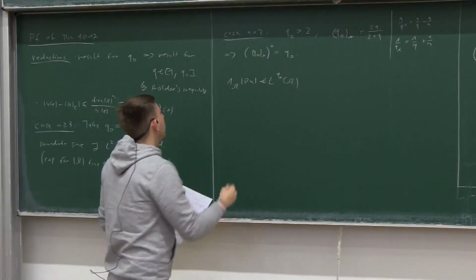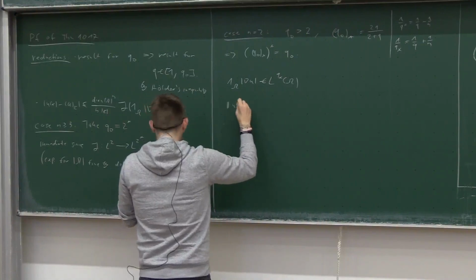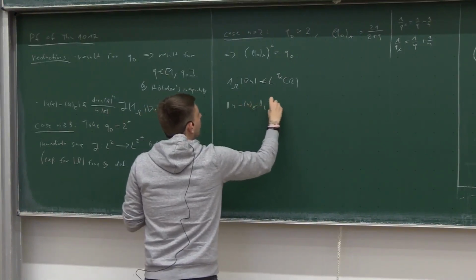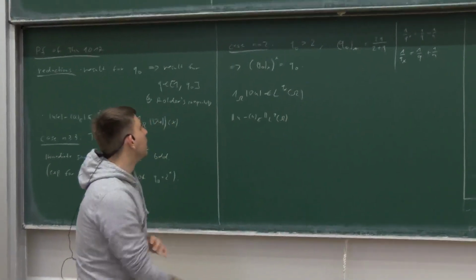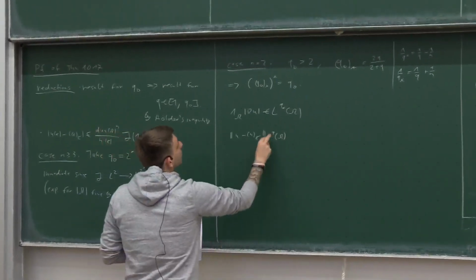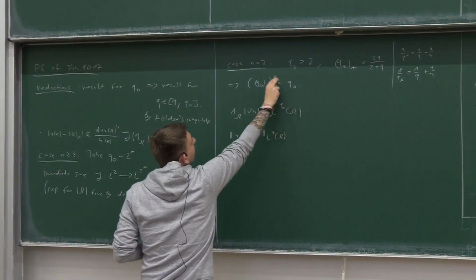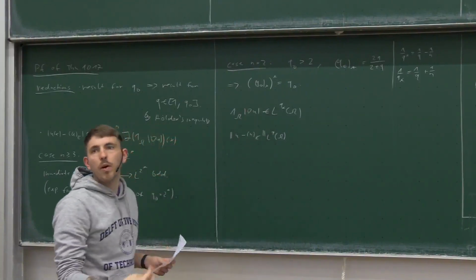Okay, what happens then? I write here u minus the average of u in LQ omega. Then I use this formula from before, namely that this is the upper Sobolev conjugate of q naught lower star.